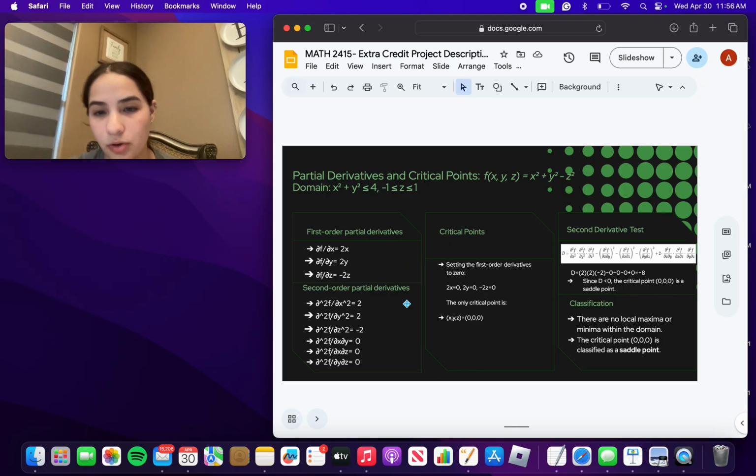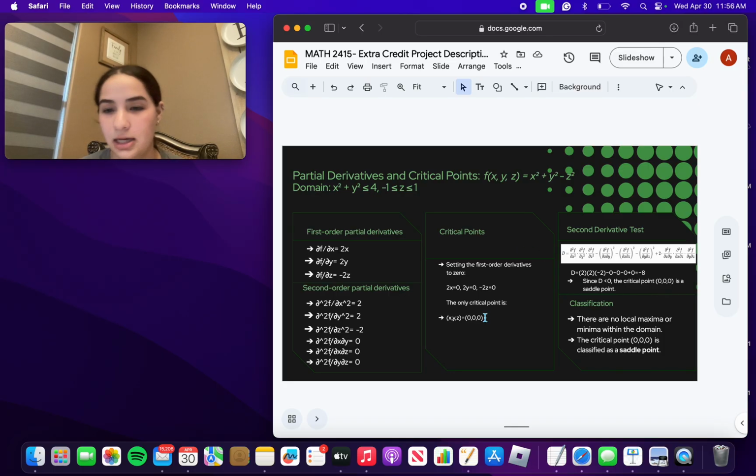For the critical points, setting the first order derivatives to 0, we get 0, 0, and 0 for all of them. And then I went ahead and did the second derivative test. This was the equation for D. Since D is less than 0, the critical point at 0, 0, 0 is a saddle point, which confirms what we got for the 3D graph as well.